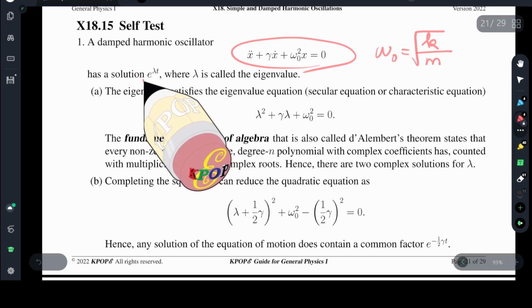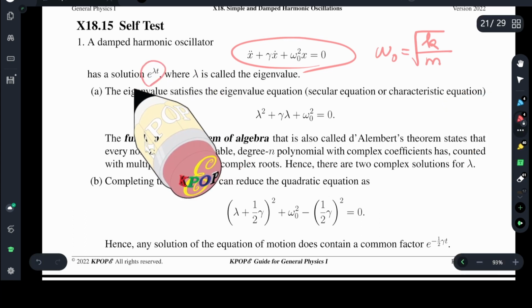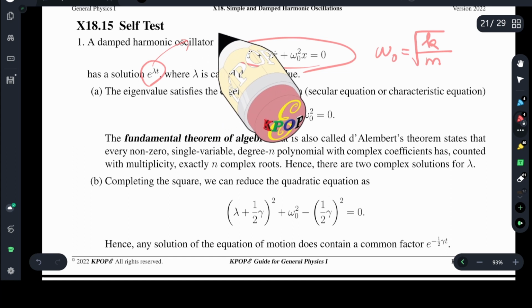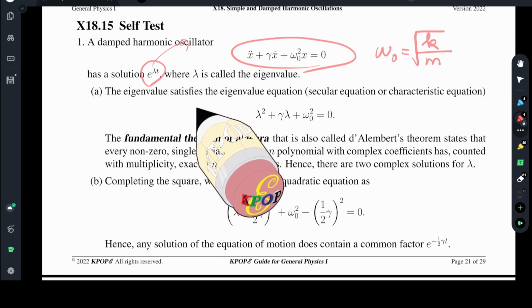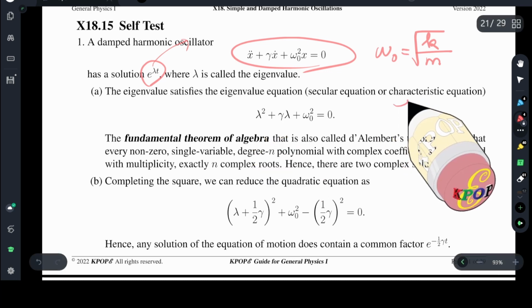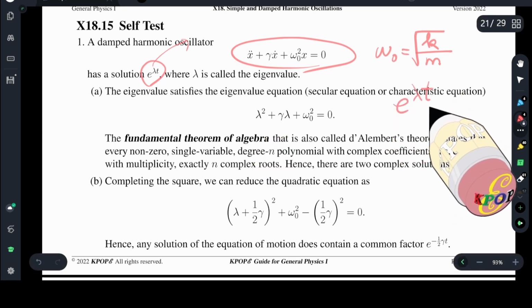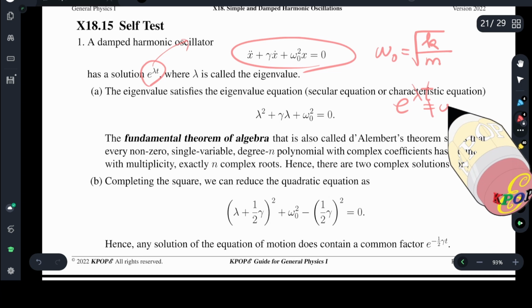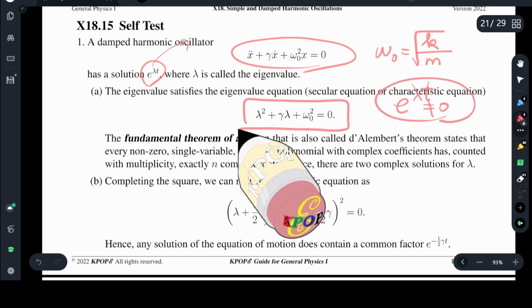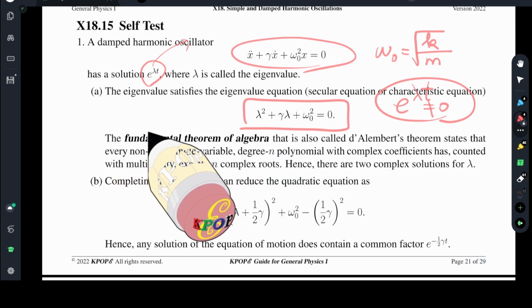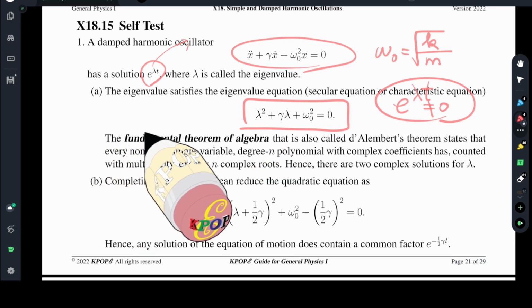We have substituted a trial solution, exponential lambda t, where lambda may be any complex number, and we have made use of the fact that exponential lambda t is non-zero in any case. So we end up with a quadratic equation that is called the eigenvalue equation or characteristic equation.